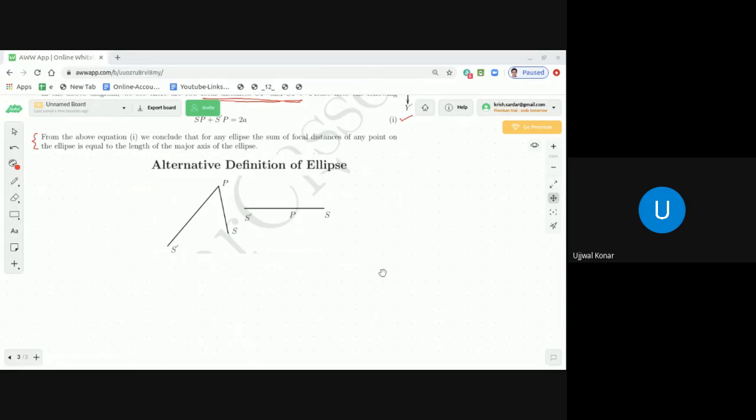As you see, dear students, in this diagram, let S and S dash be two fixed points and P be a variable point.